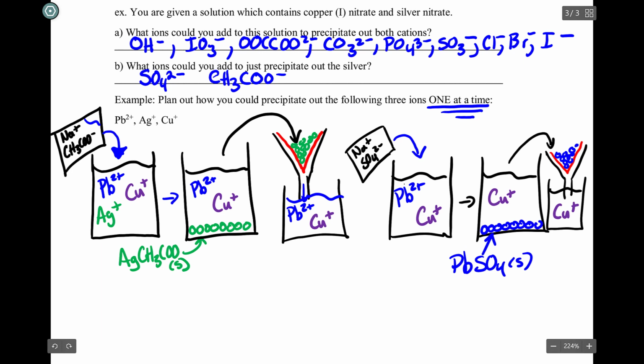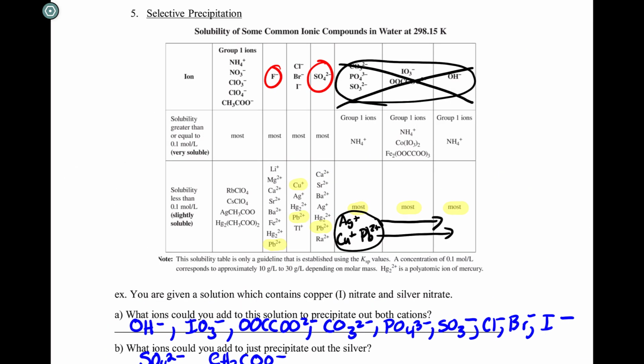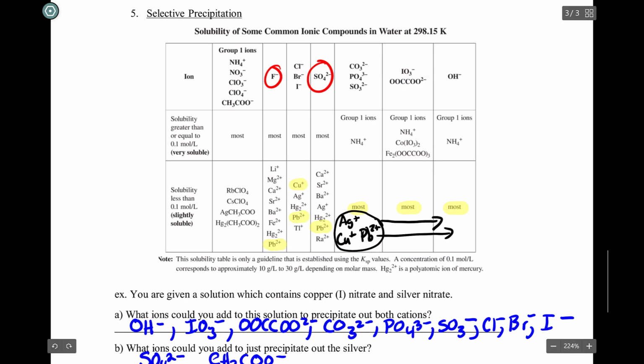Now, at this point, I'm just going to start back over here. At this point, I can add dozens and dozens of different ions into this solution to get rid of copper 1 because it is insoluble with so many different things. So I could, let's go to the top, I could add any of these.